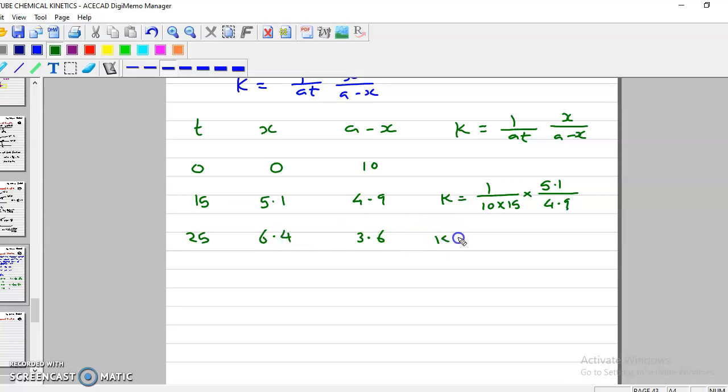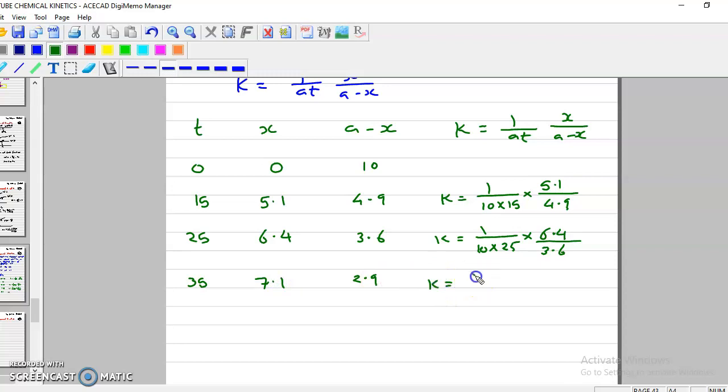Substitute these values: A is equal to 10 and t is equal to 25, x is equal to 6.4 upon 3.6, which is A minus x. At 35 minutes, A minus x is 2.9, which is given. Therefore, x would be 7.1.